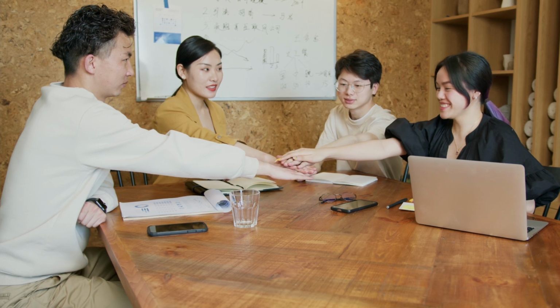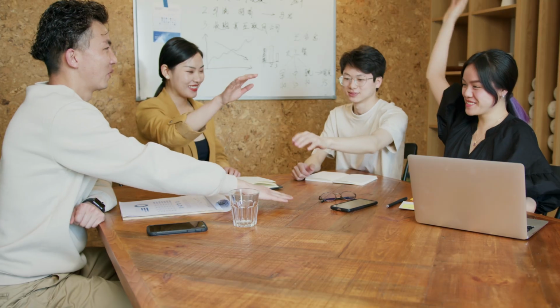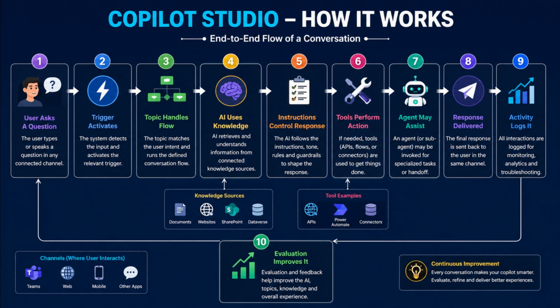Now, how everything that we covered in our component section works together. So let's connect everything. Let's take a user, and the user asks a question. While asking a question, a trigger activates and then the topic handles the flow.